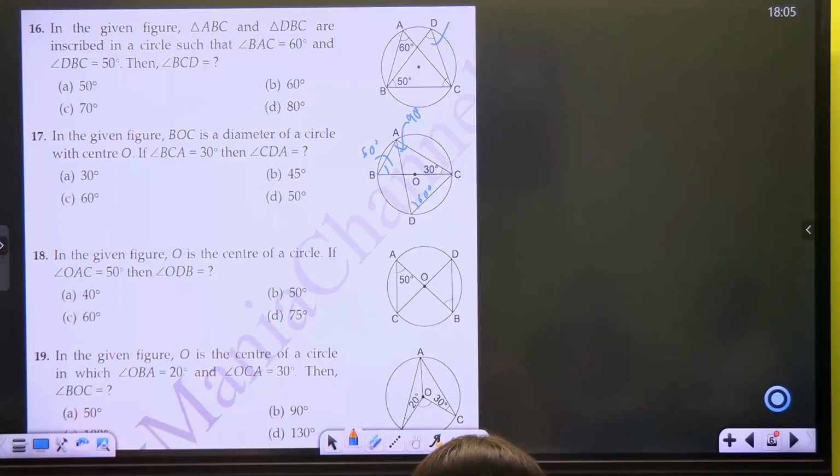Not yet. No, find ODB, read it properly. See, which question are you doing now? To do question 18, we don't need any knowledge of circles at all. Not transversal also. Both the triangles are congruent.